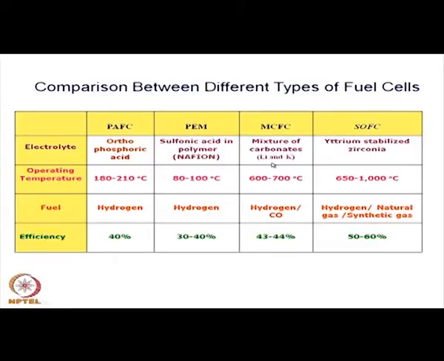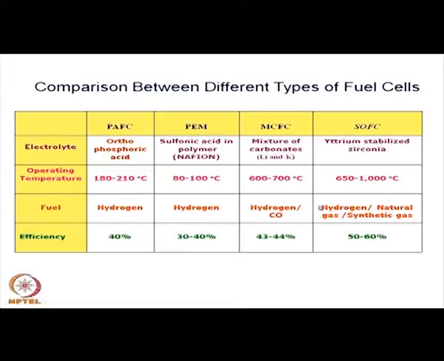There is no platinum catalyst here. Both of the others need some platinum catalyst. We are not going into the details of why platinum is needed, but without a very fine dispersion of platinum catalyst, this kind of system does not work. We do not need any platinum catalyst here; the catalyst is an oxide catalyst.